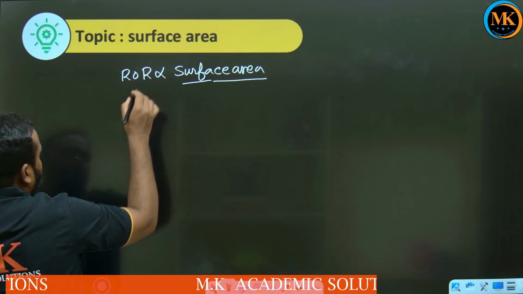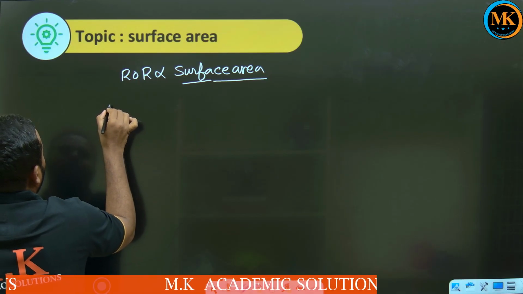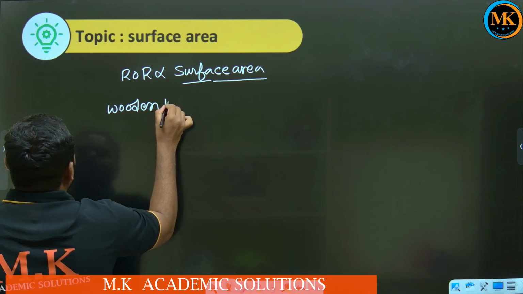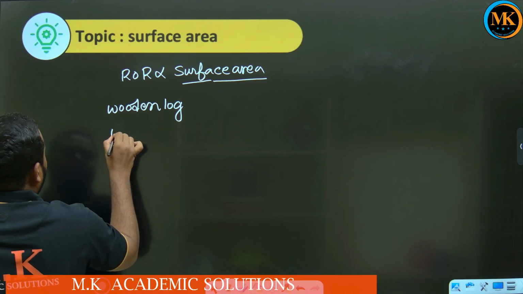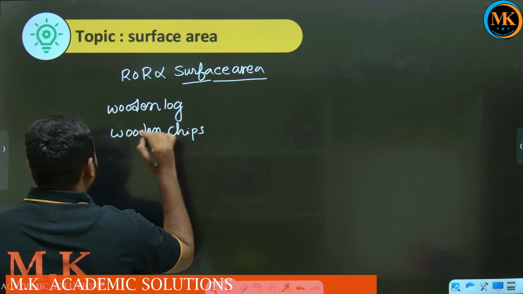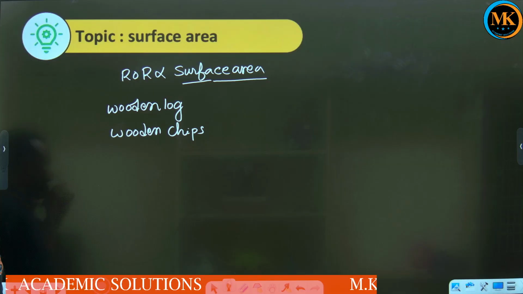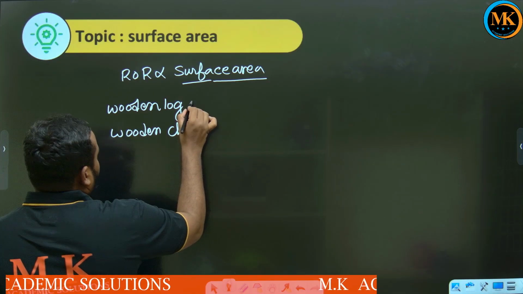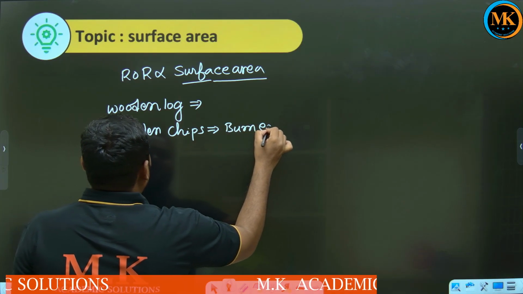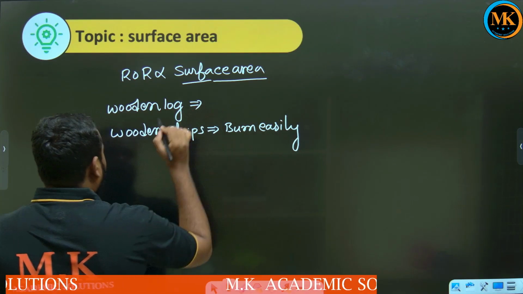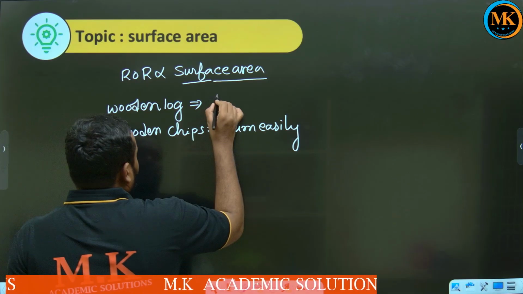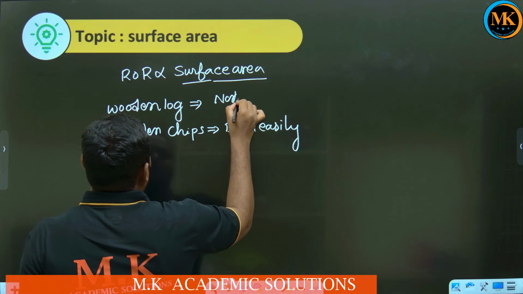Now for example, wooden log. We are going to take a wooden log, or wooden chips. Chips means small pieces of wood, they are known as wooden chips. So which will burn easily? Wooden chips burn easily, but a wooden log will not burn very easily; it will not catch fire easily.